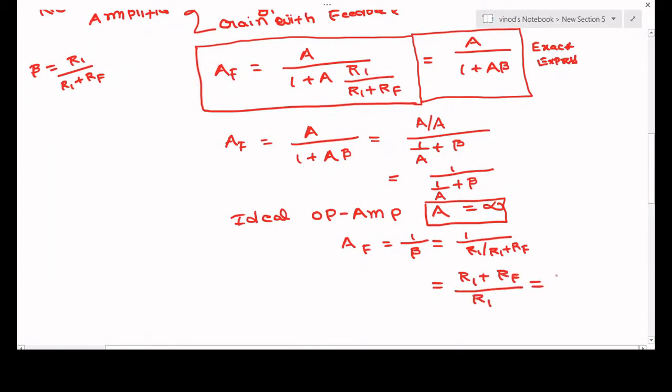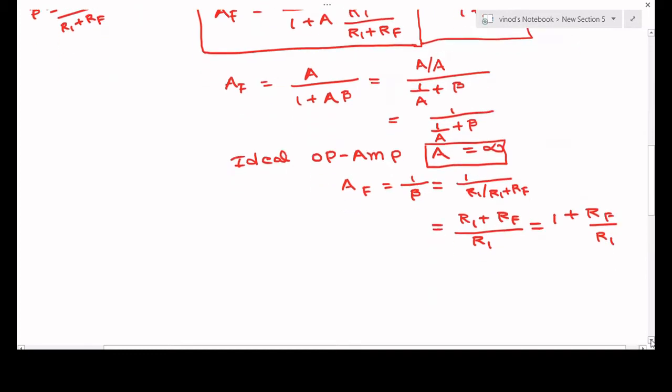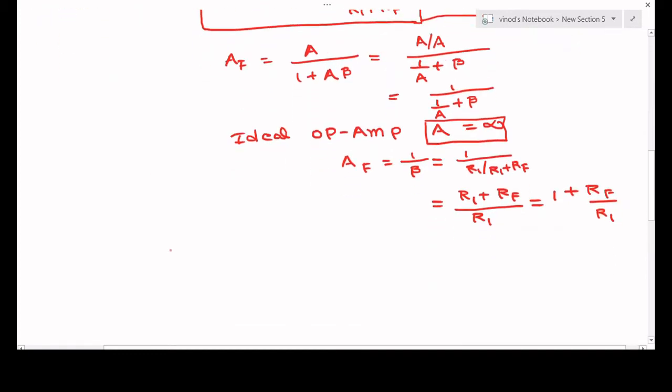If you separate the two terms, R1 will get cancelled, so RF by R1. So for an ideal op amp, closed loop gain is nothing but 1 plus RF by R1.